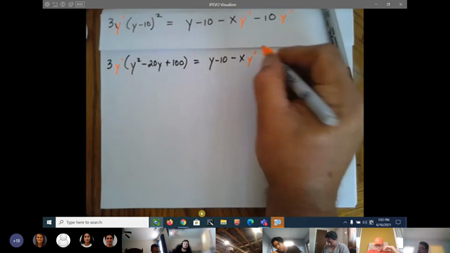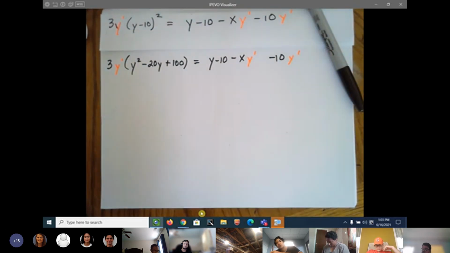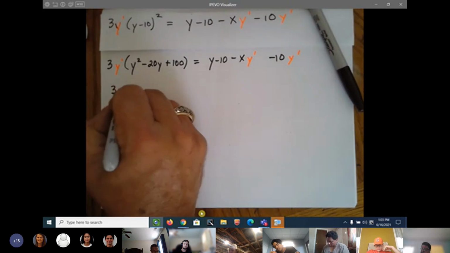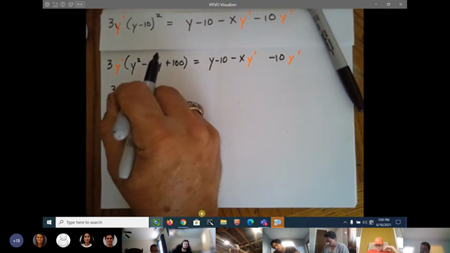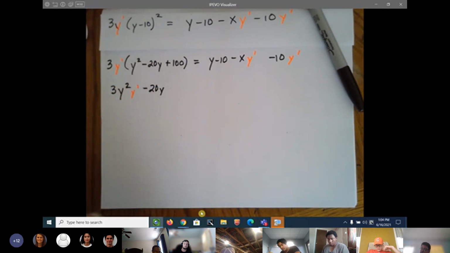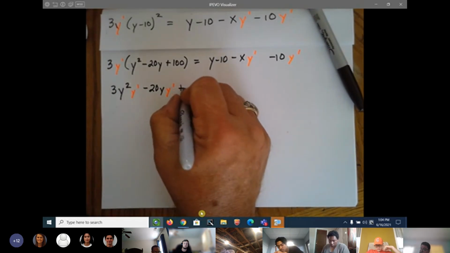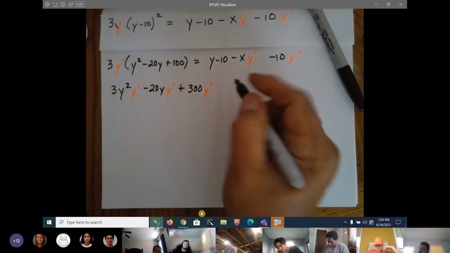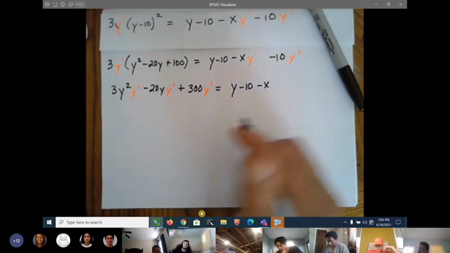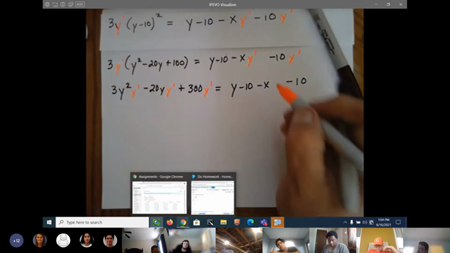Then we've got a y prime there and a y prime there. And this is going to be 3y squared y prime minus 20y y prime plus 300 y prime equal to y minus 10 minus x minus 10 y prime.